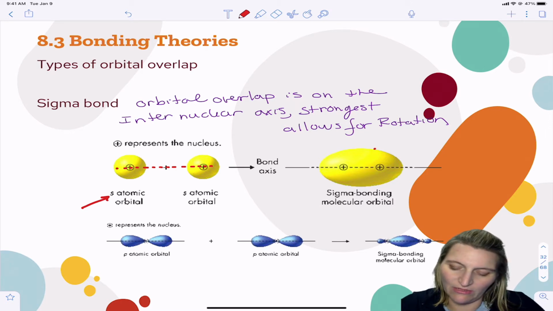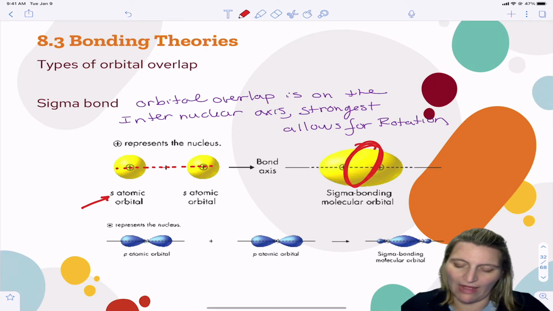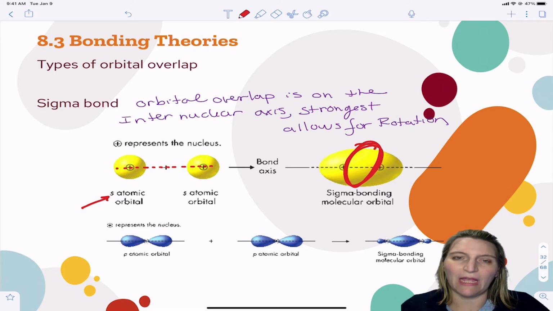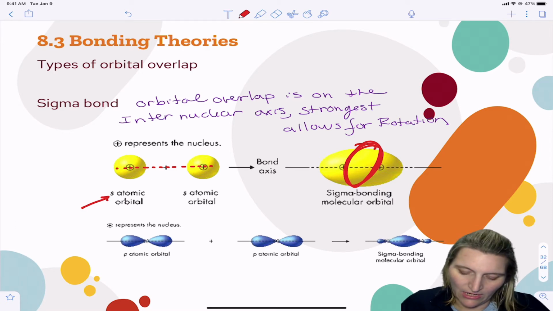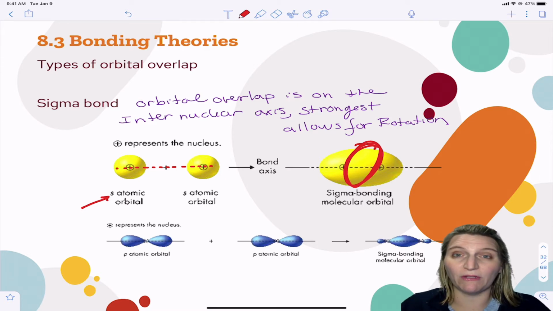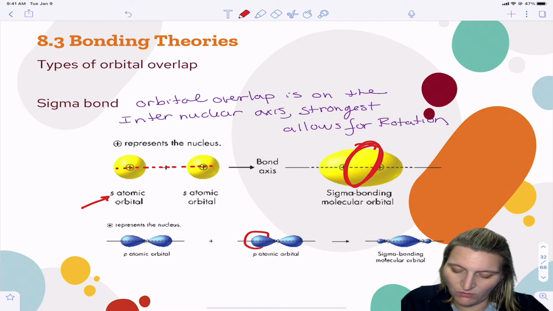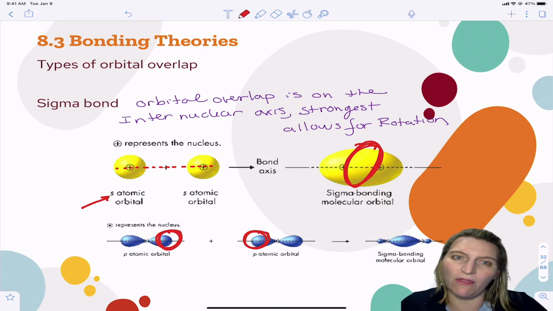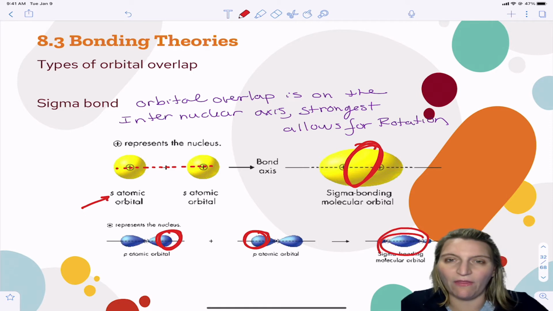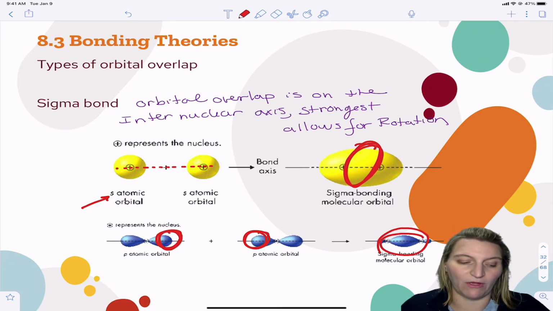And you can see when these come together, the orbital overlap is between them. That's a sigma bond. Here are two p orbitals. Remember, p orbitals look like peanuts or dumbbells, and you can see that this part of the p orbital is going to overlap with that part of the other p orbital, and it's on the internuclear axis. Therefore, we would call that a sigma bond.